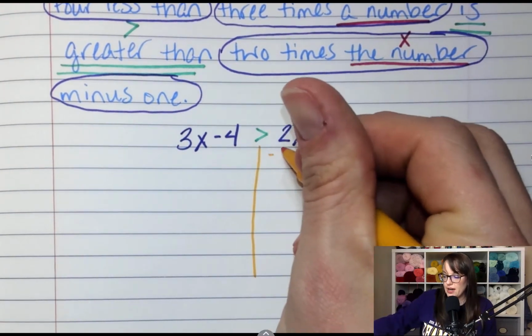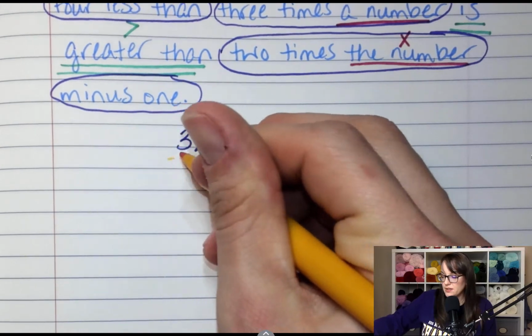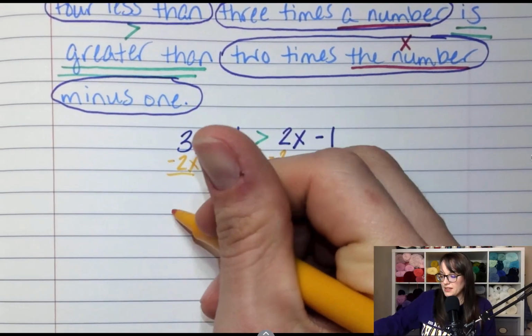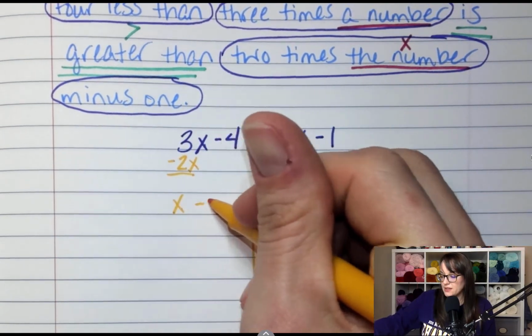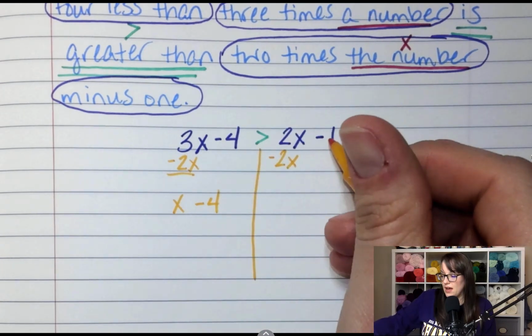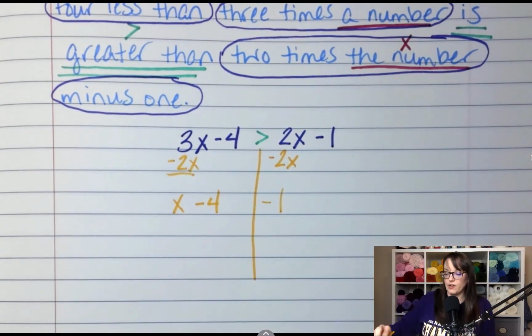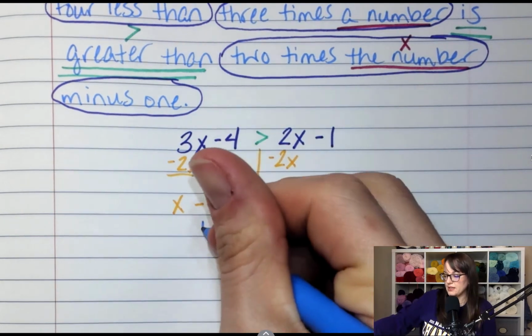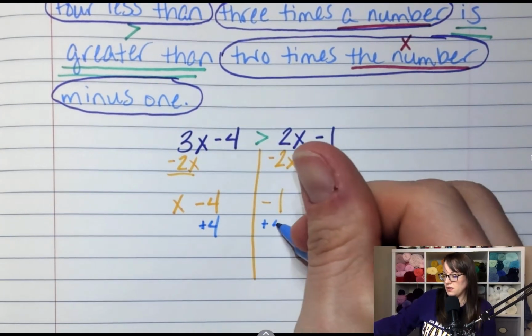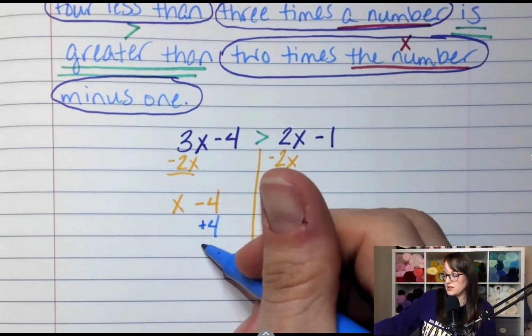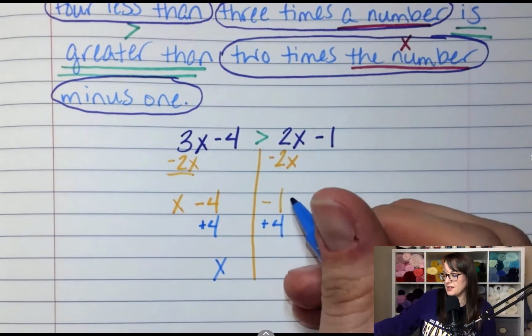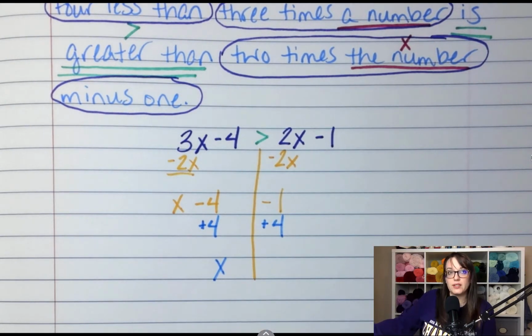I'm going to subtract 2x's from both sides because that leaves me with a positive x and then a negative 1 over here. Now what move do I need to make? I need to add 4 to both sides. So those cancel. I'm left with just x. And then what is negative 1 plus 4?